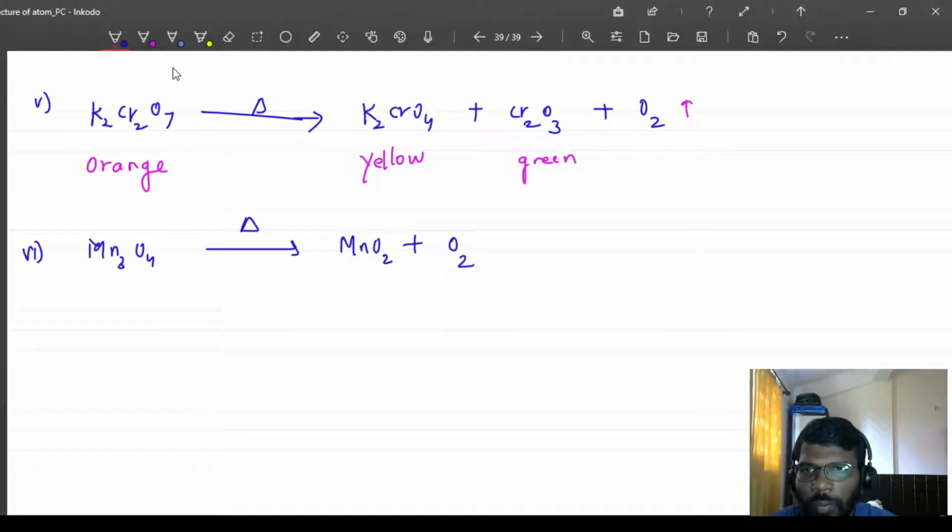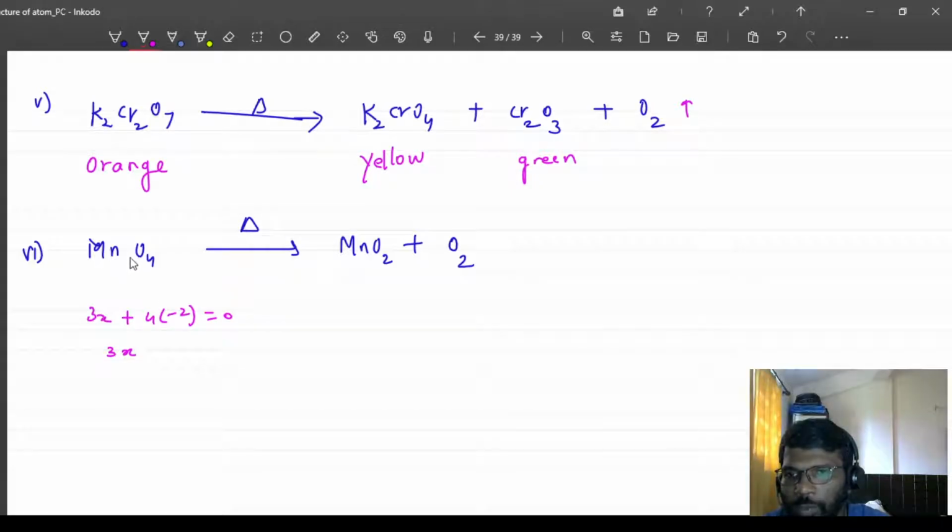Here, the oxidation state of Mn: 3x plus 4 into minus 2 is equal to 0, so 3x minus 8 is equal to 0, x is equal to 8 by 3.